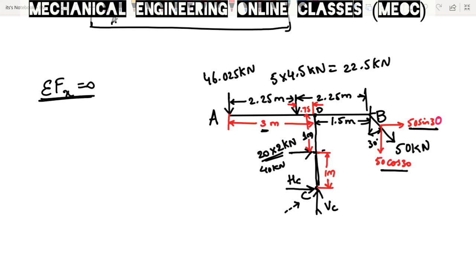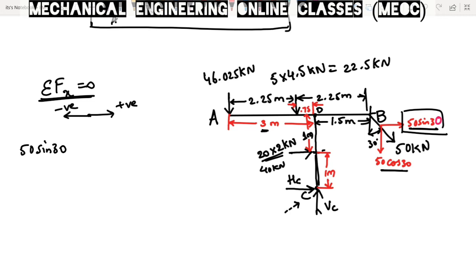So sigma Fx is 0. At A there is no horizontal force. On AB there is no horizontal force, except at B there is 50 sin 30. Rightward forces are positive, leftward forces are negative. So 50 sin 30 is rightward, so that is positive. That is one force.